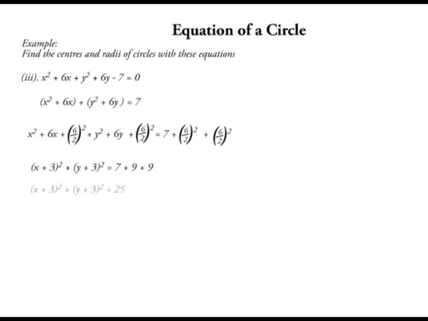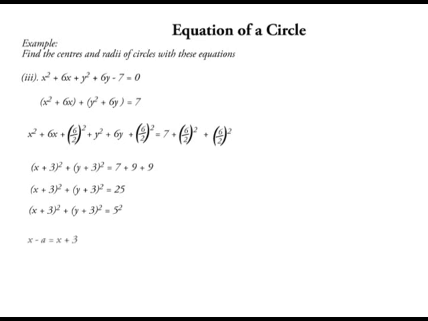So we shall have (x plus 3) squared plus (y plus 3) squared is equal to 25. 25 is the same as 5 squared, and so we shall have (x plus 3) squared plus (y plus 3) squared is equal to 5 squared.